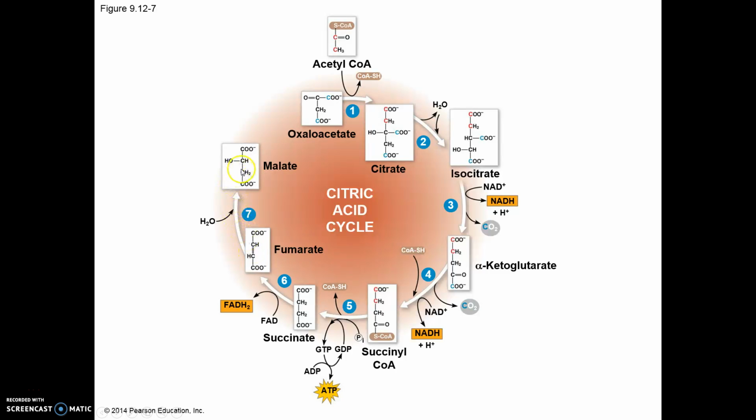That then gets converted into malate, which we can then strip off a couple more electrons in order to produce oxaloacetate, which was the beginning molecule of this cycle. Hence, it is in fact a cycle, and the end product is one of the reactants of the beginning part. So as long as we have acetyl-CoA coming in, we are good to continue the cycle.